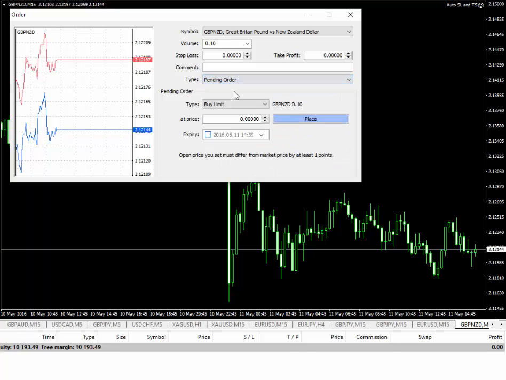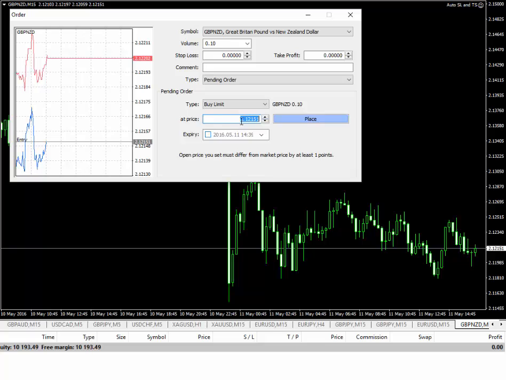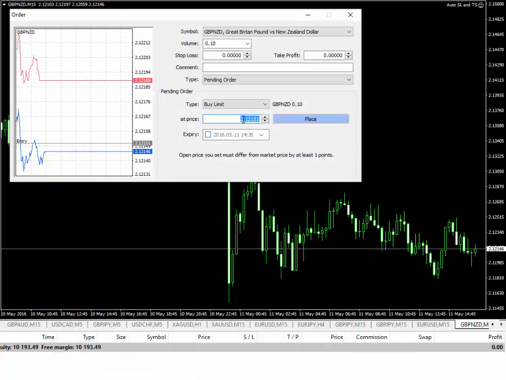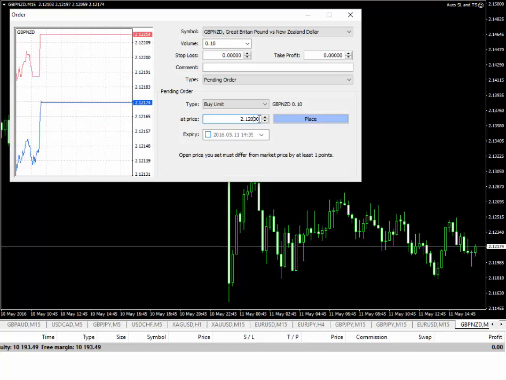Go to pending order, and you have to put in the price, which was 2.12040.